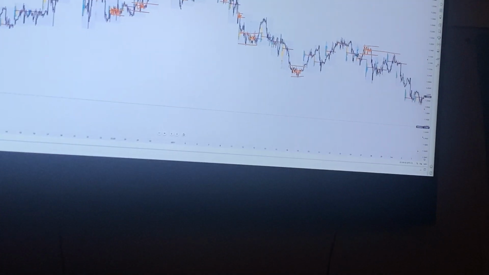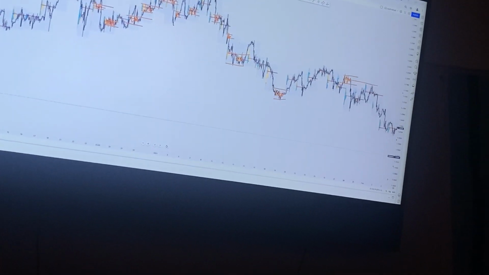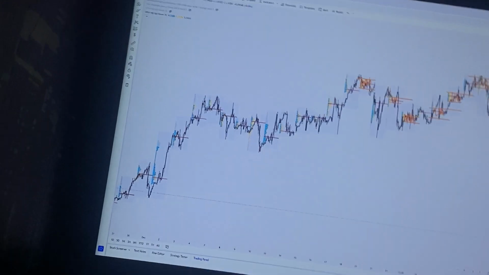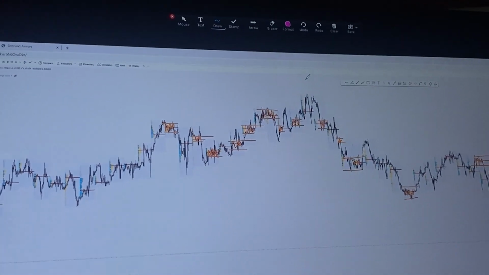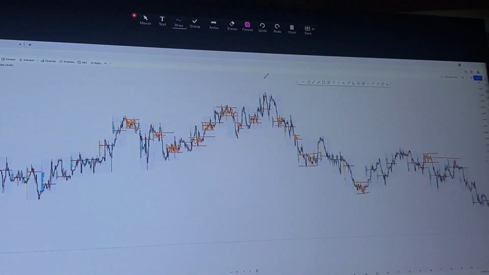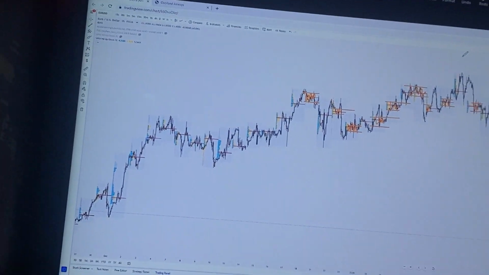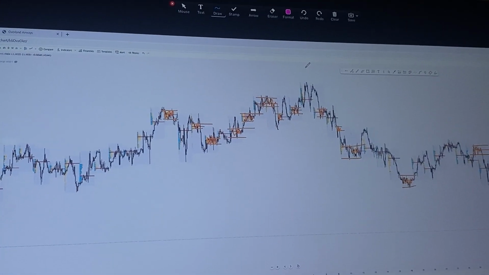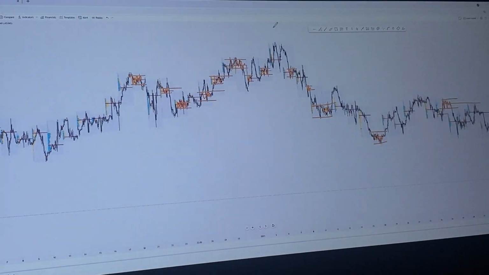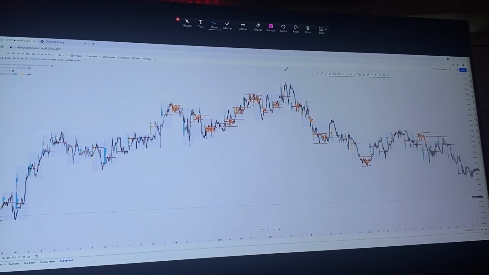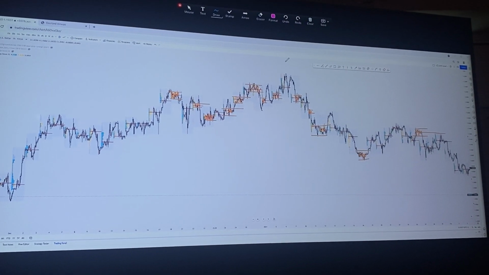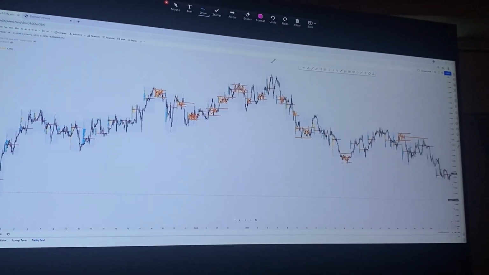But if you understand the fundamental concept through which this volume profiler profiles the market to tell where the volume is, then you can easily see it with your eyes on the 1 minute. And the fundamental concept turns out to be what? A ranging market.